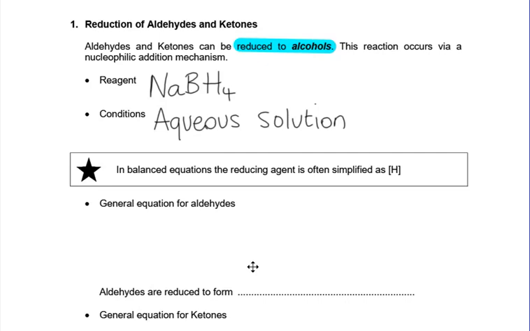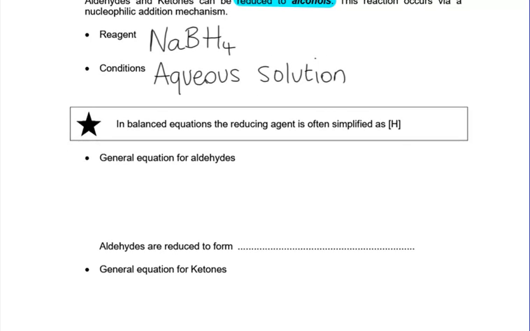So remember, for organic chemistry, if we want to do oxidation, we use O in square brackets, and if we want to do reduction, we can just use H in square brackets to simplify the reagents that I used for oxidation and reduction. So we're going to take our general equation for an aldehyde. Remember, aldehydes have an R group and then a C double bond O and a H, and we write it like this with CHO. We're going to put H in square brackets.